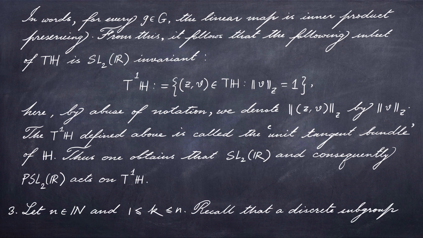Therefore we do have a natural action of this group of 2 by 2 real matrices with determinant 1 on the unit tangent bundle of the upper half plane.